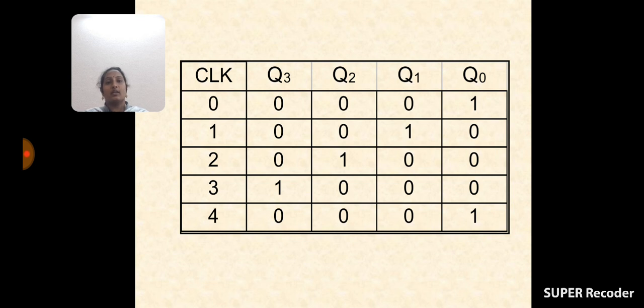Why? Because the principle of the ring counter is that it is able to produce only one single bit. The series contains only a single high level bit, and all others are 0. If we write 0 0 0 0, it means no output is there, so that condition is eliminated in the ring counter.